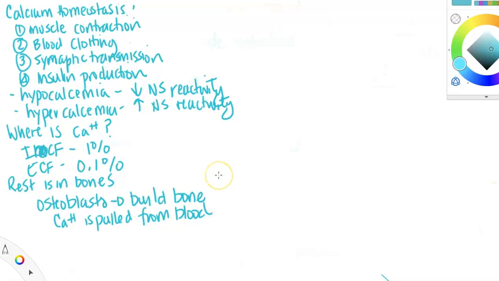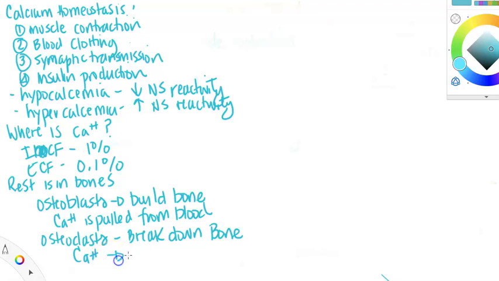That's what makes bone hard. Osteoclasts, on the other hand, break down bone. And when that happens, that calcium is dumped into the blood, which is needed for all of these things up here. Okay?